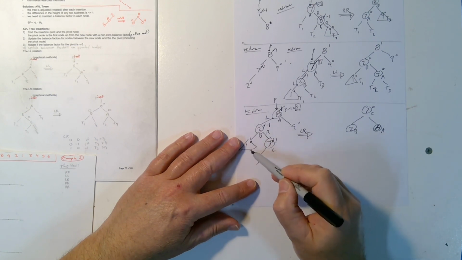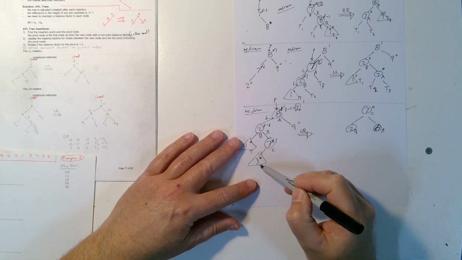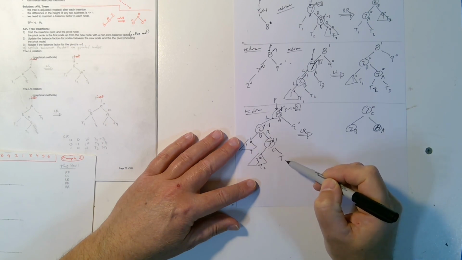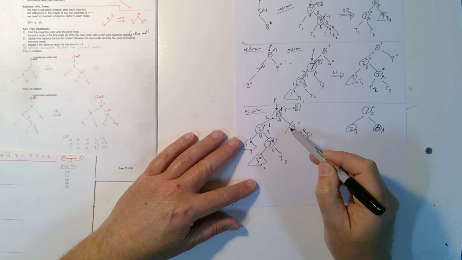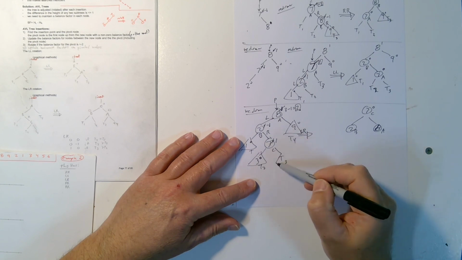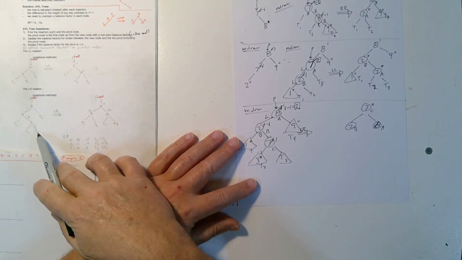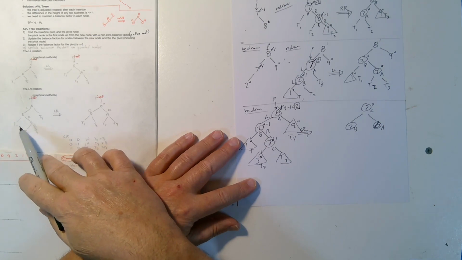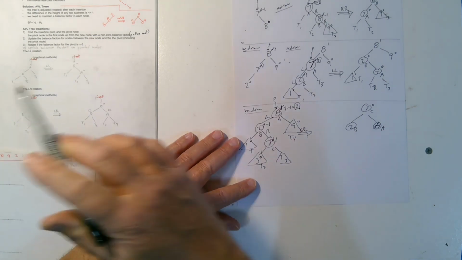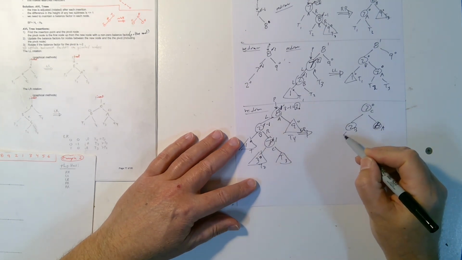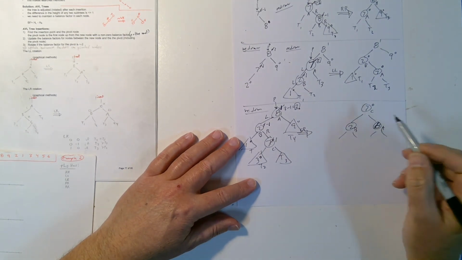This is subtree 1. This is subtree 2. This is subtree 3. This is subtree 4. To look over here, you see 4 is hanging off of A, and 2 and 3 are hanging off of C. Tree 1 is hanging off of B. Okay, so then you hook up the subtrees like that.